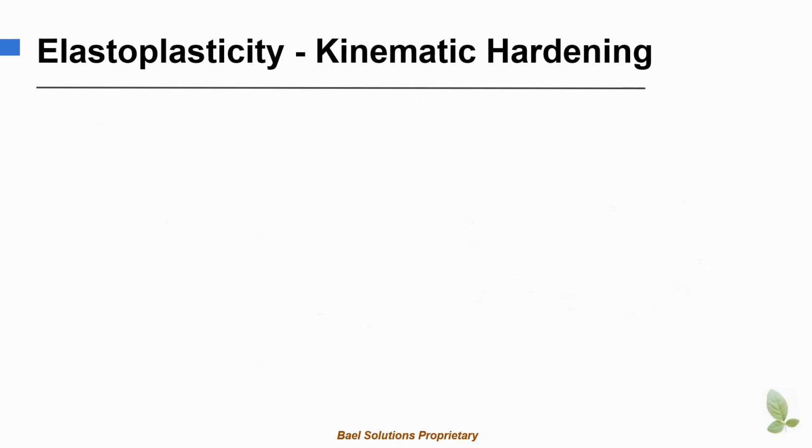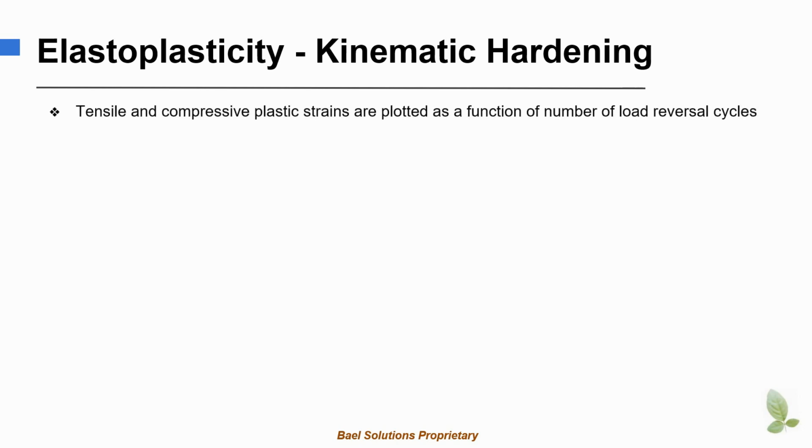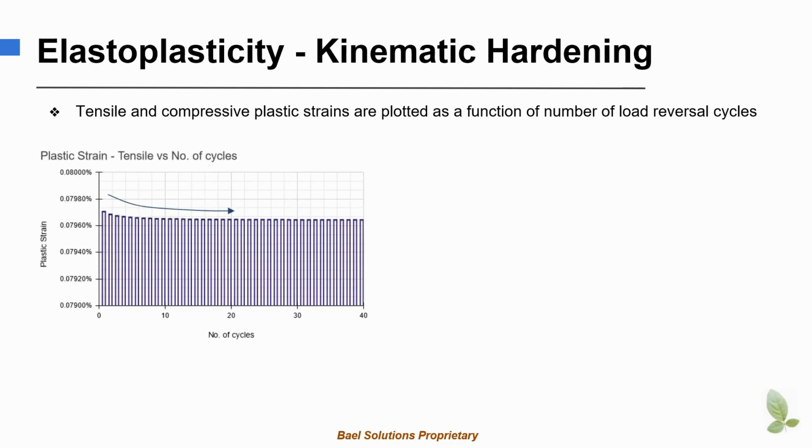In the last slide, we saw a cyclic loading applied on the specimen. This slide shows the plastic strain in the tensile and the compressive direction, plotted as a function of number of load reversal cycles. The first graph shows a tensile plastic strain versus the number of load reversal cycles.